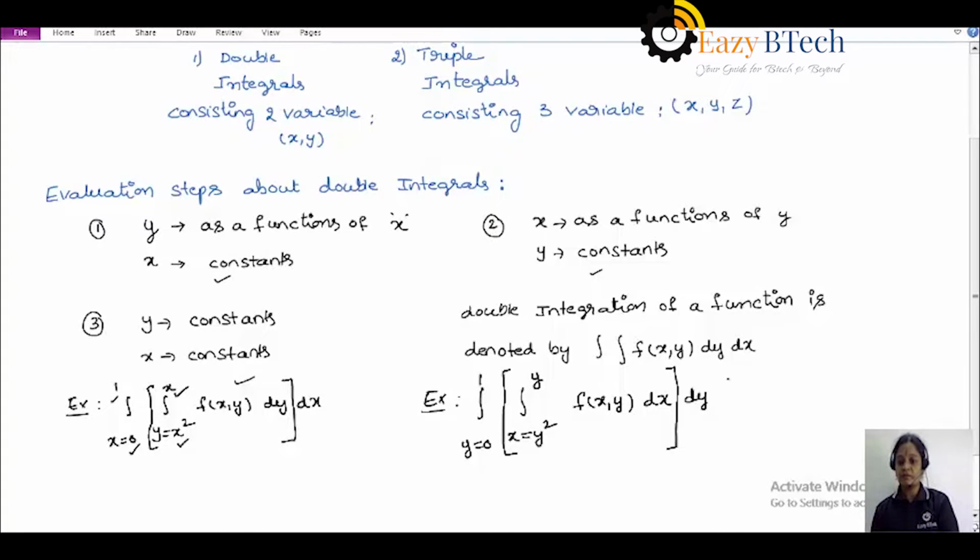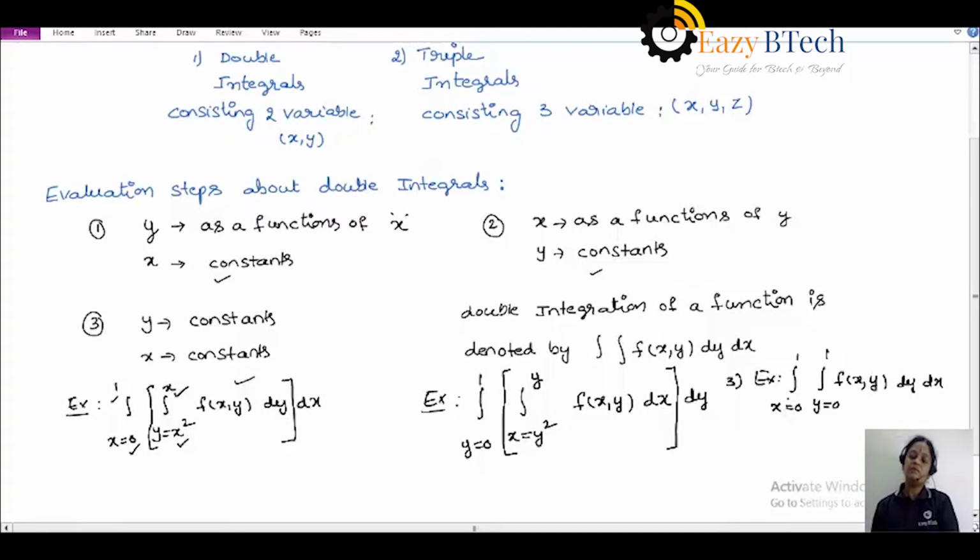Coming to one more example: integral x equal to 0 to 1, integral y equal to 0 to 1, f of x comma y dy dx. Here both x and y limits are constants.